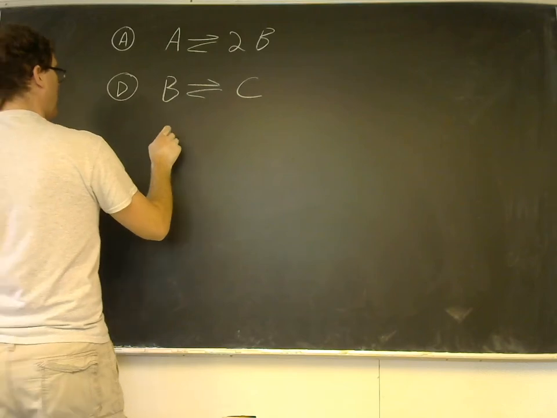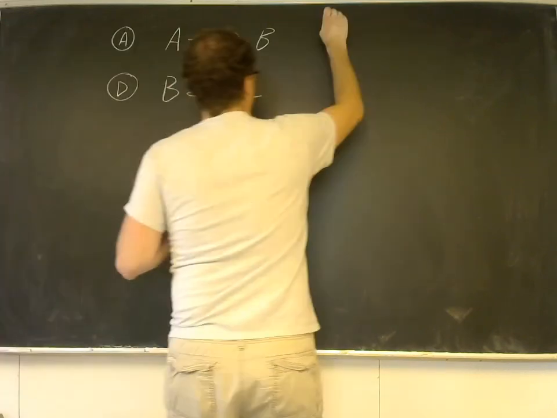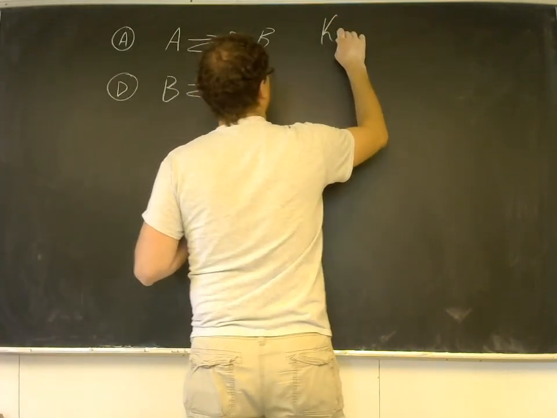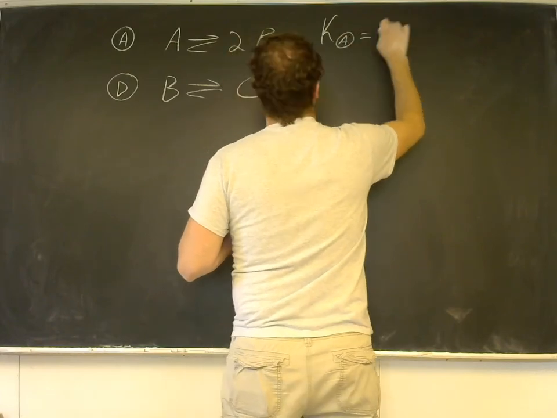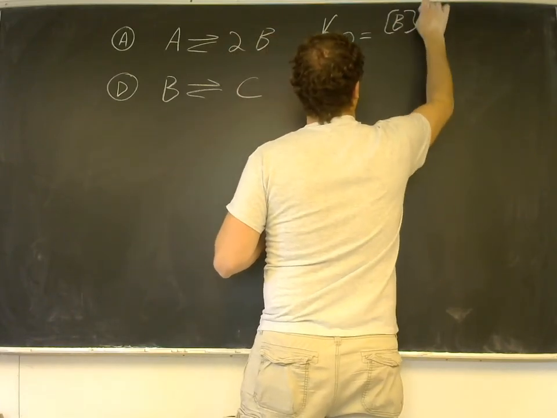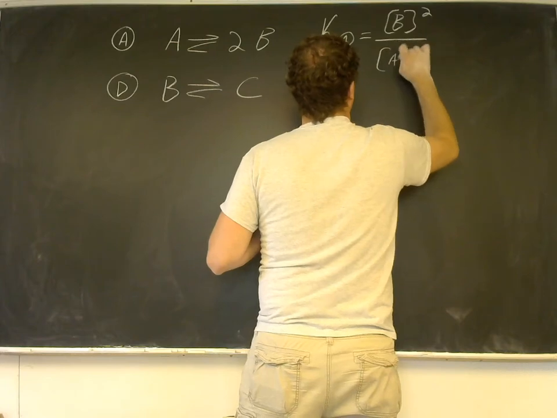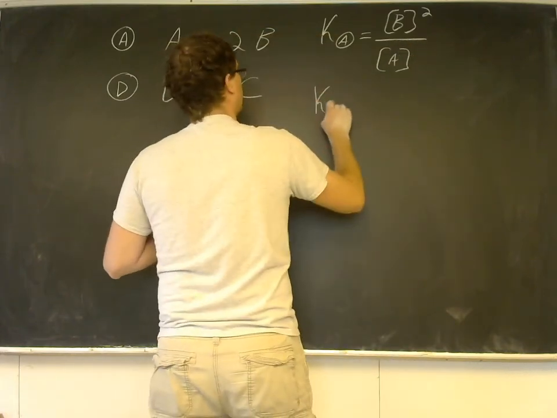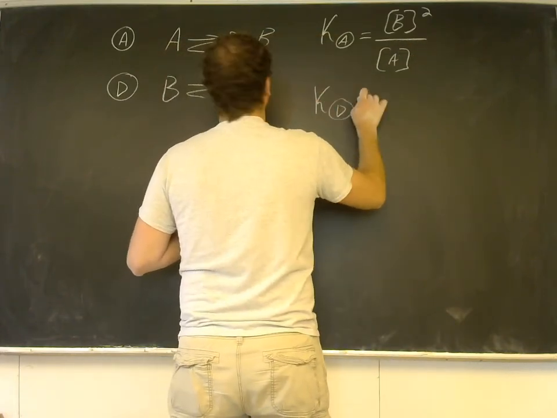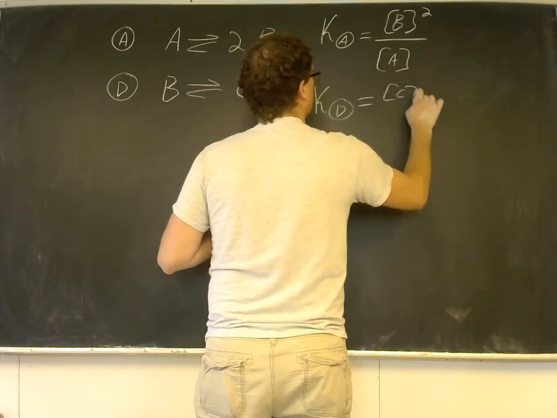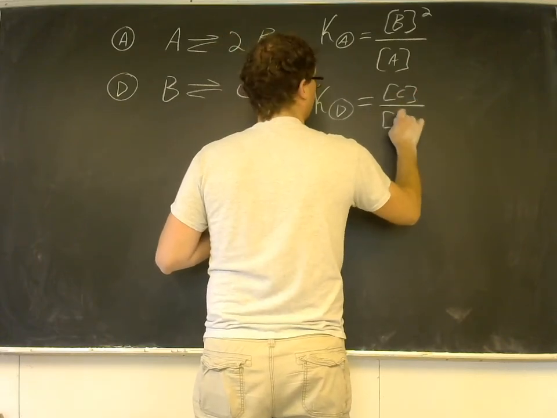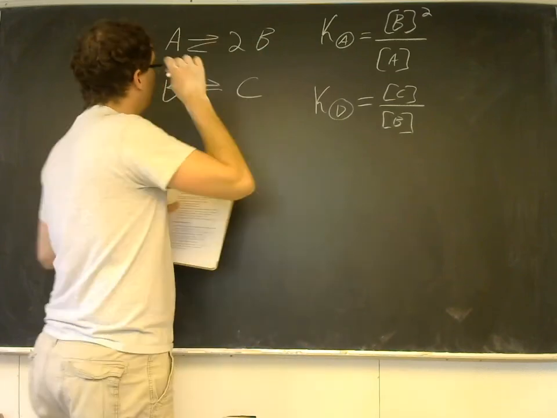And we know that Ka is equal to the concentration of B squared over the concentration of A. Kd is going to equal the concentration of C over the concentration of B.